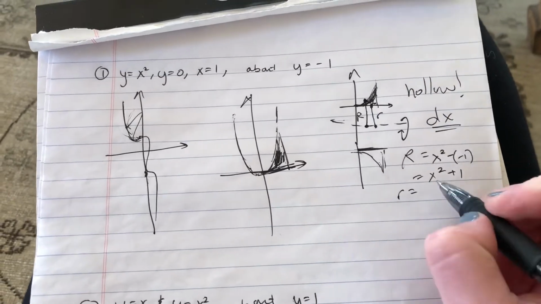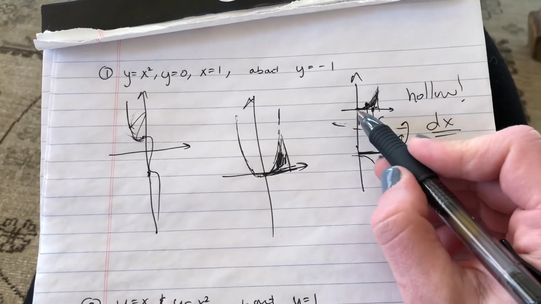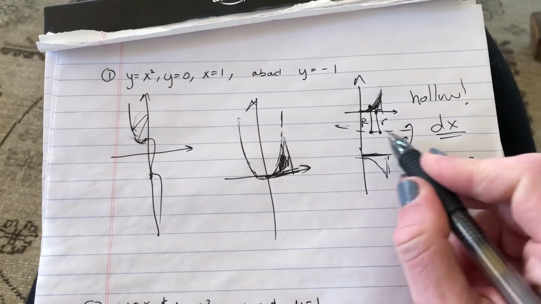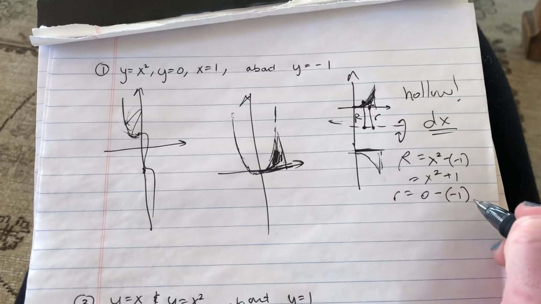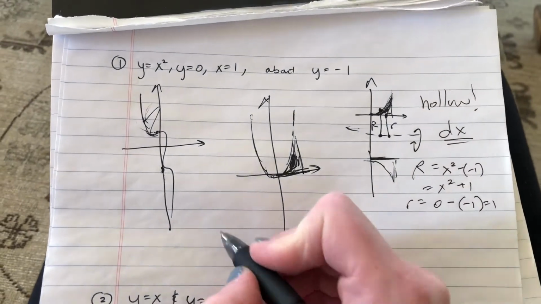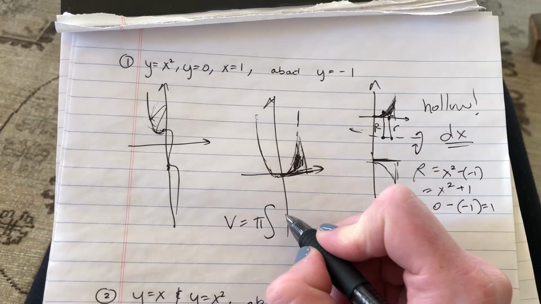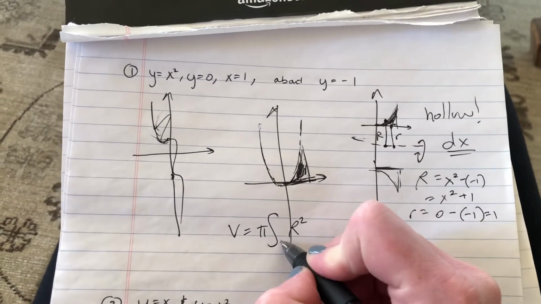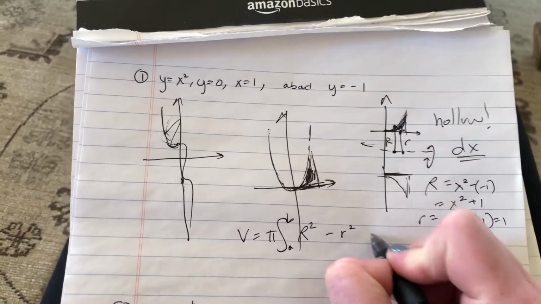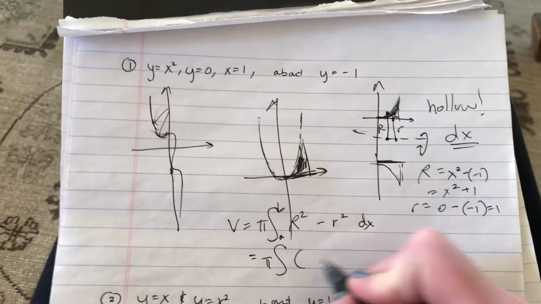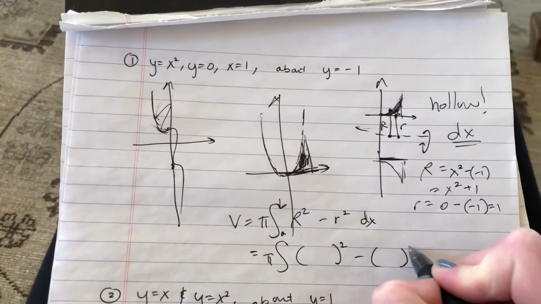And then little r is going to be, on top, it's touching y equals 0, the x-axis, minus what it's touching on the bottom, the axis of revolution, which is y equals -1 again, so I get a 1 there. Then my volume is going to be pi times the integral from a to b of big R squared minus little r squared dx.